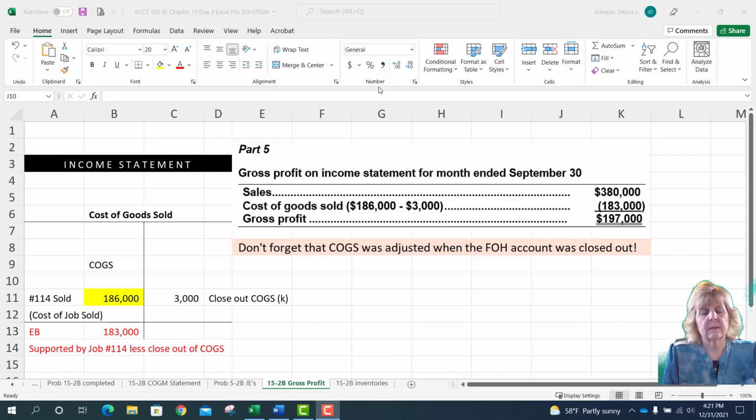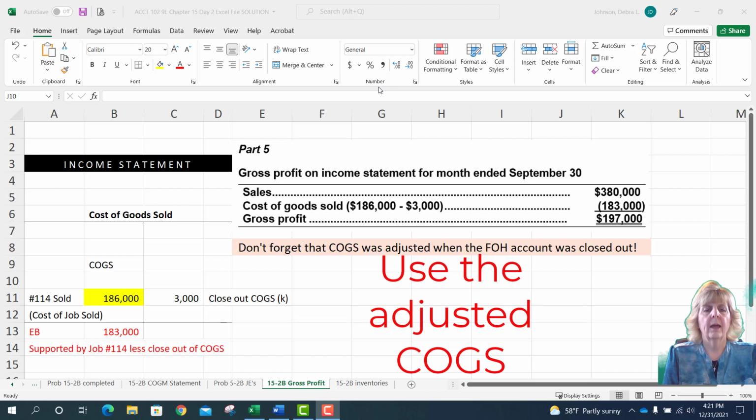Part 5 asked us to compute the gross profit from the sale. The sales number was taken from the sales account. The cost of goods sold is taken from the T account shown on the screen. I do want to point out to you that it is the final adjusted cost of goods sold account after the over or under applied overhead was closed out.